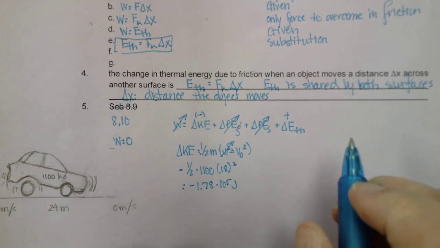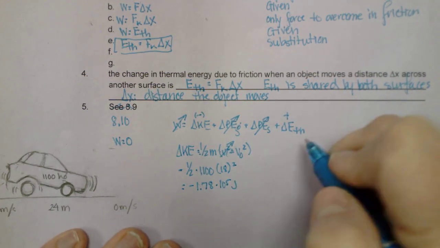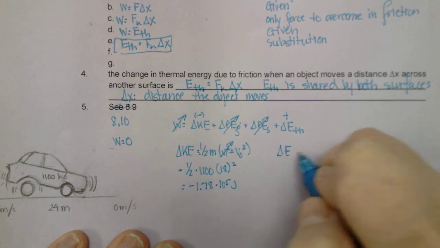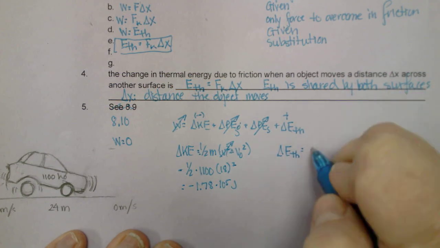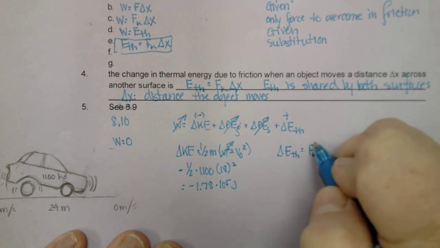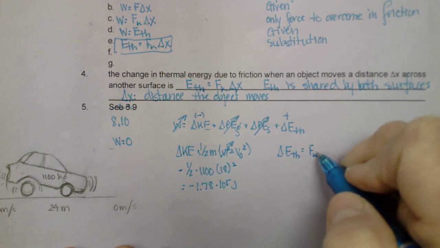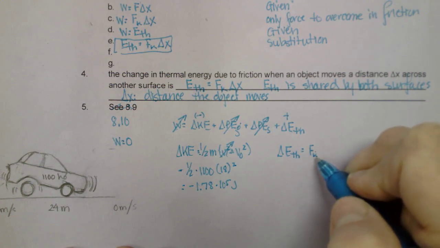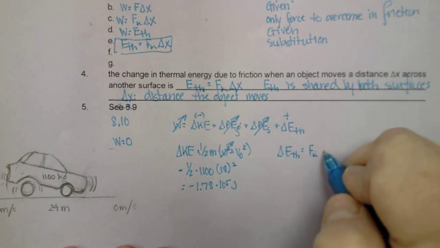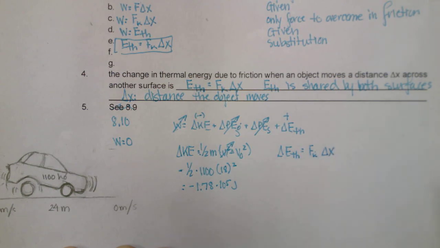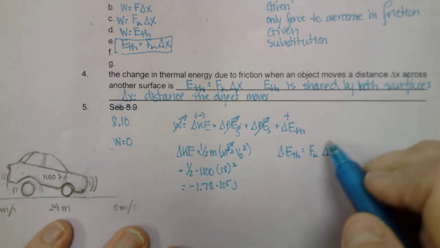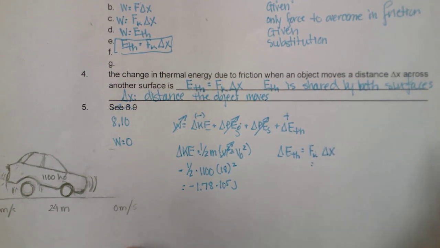Now my delta E thermal is my force of kinetic friction, a force measured in newtons, times the distance that the friction is being applied over. This is what I'm looking for. I don't know this.